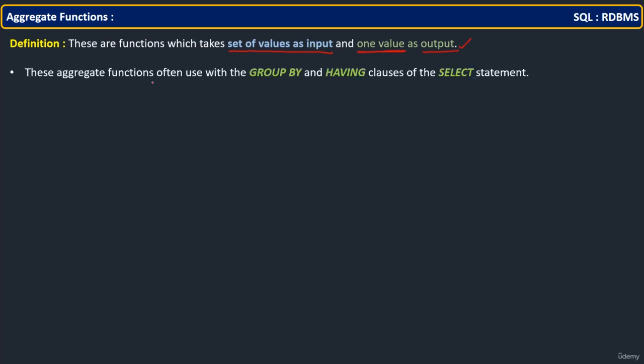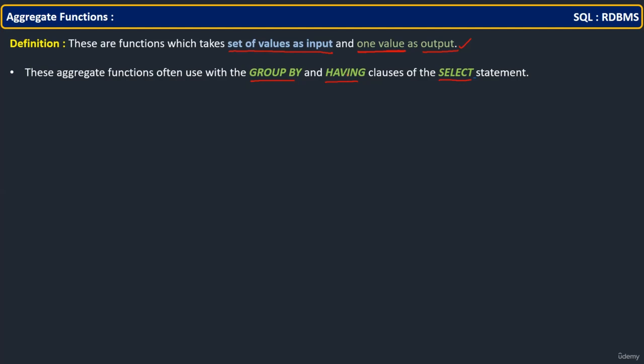Then we often use these aggregate functions in the group by clause and having clause. There is some meaningful purpose for these three especially. So in the select clause we will use them, in the group by clause we will use them, in the having clause we will use them. But we will not use aggregate functions in the where clause.